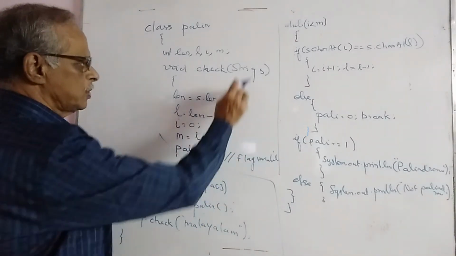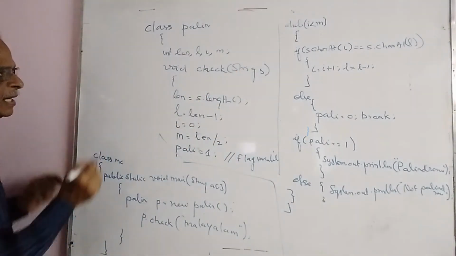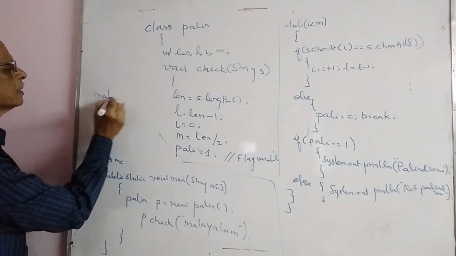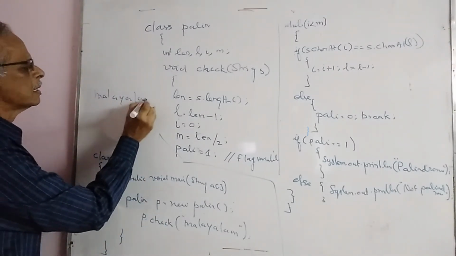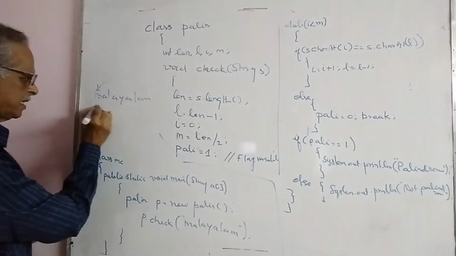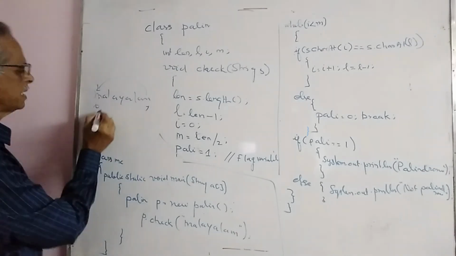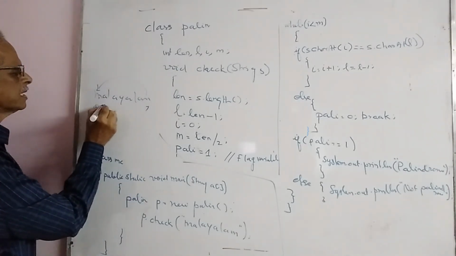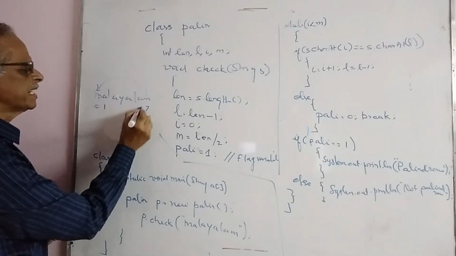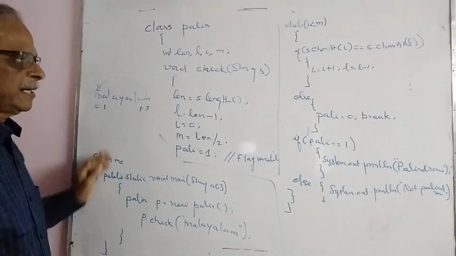Malayalam goes to here and we check the zeroth character with the last character, the second character with the second character from the end. This process goes on.